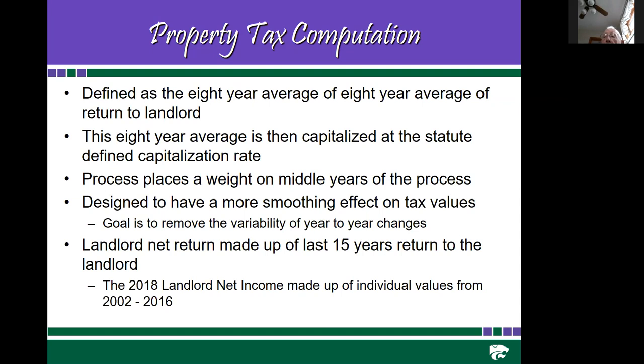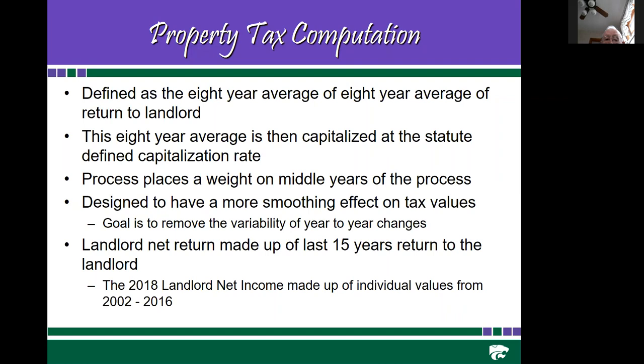The goal of this smoothing process is to remove the variability of year-to-year changes. And from a yield perspective, there was some research done by the department here that looked at different ways of doing the yield smoothing just to essentially eliminate year-to-year variability.